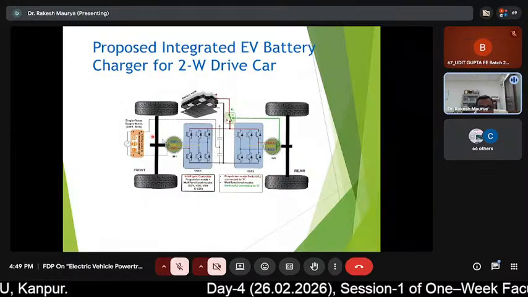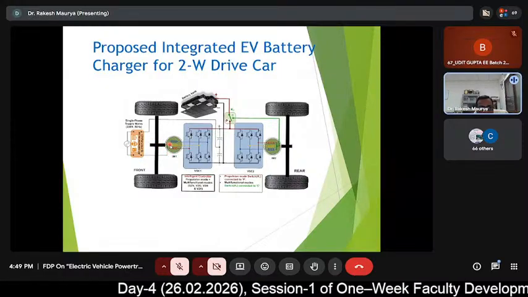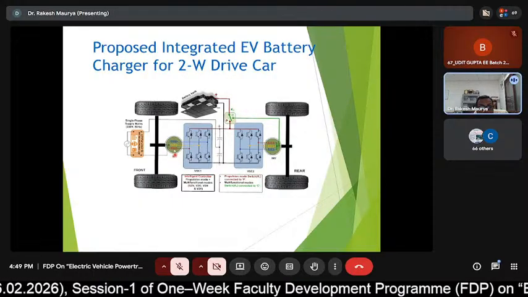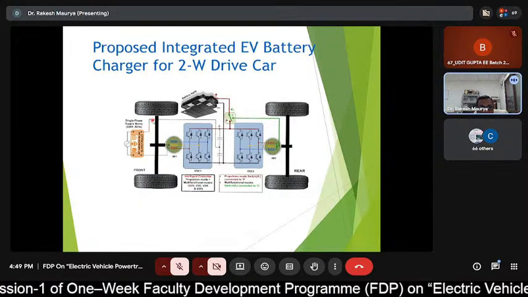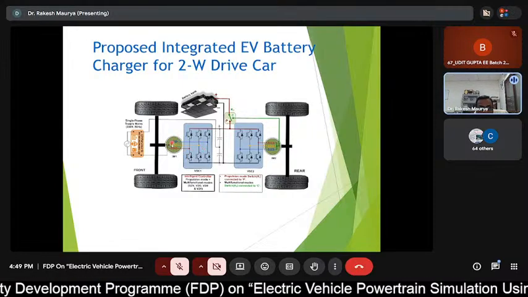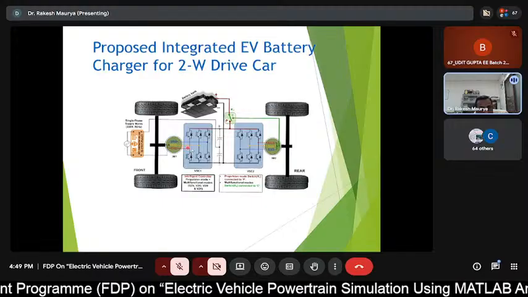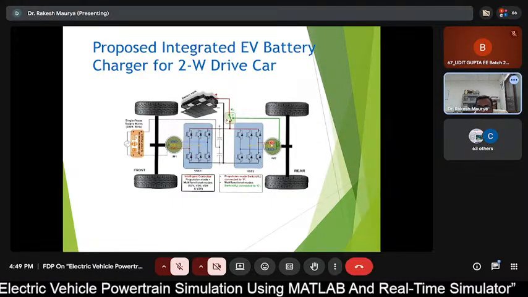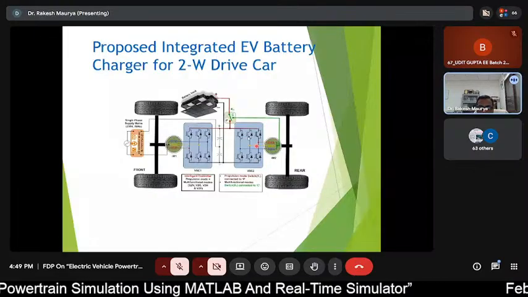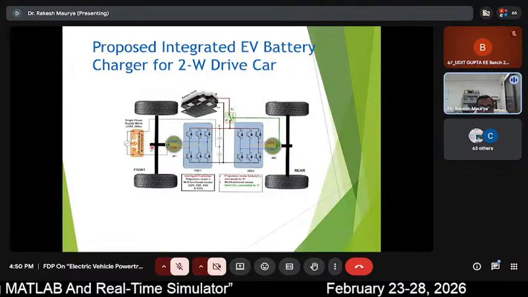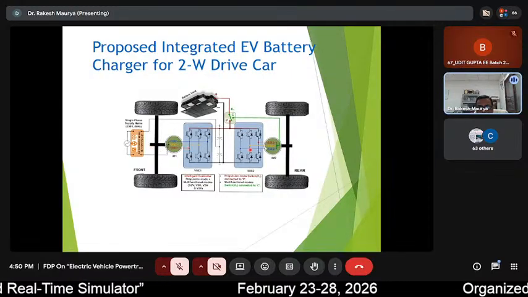Let's say I'm talking about the Tesla model, where induction motor 1 is going to drive the front wheel. Then here is a dedicated voltage source converter for the rear wheel. Also we have a motor, connected through the VSC, and there is a battery bank which provides energy to both the front as well as the rear wheel.